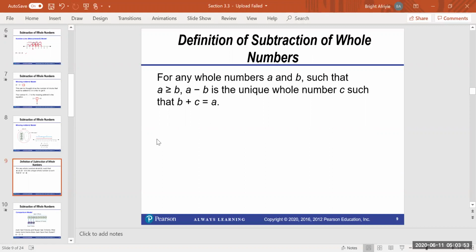And that is how subtraction really works. So a minus b is equal to c, and at the end of the day we say that a is equal to b plus c.